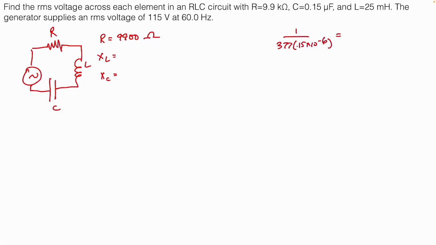You know, good notes. Can you do it? That can't be right. That is not right.